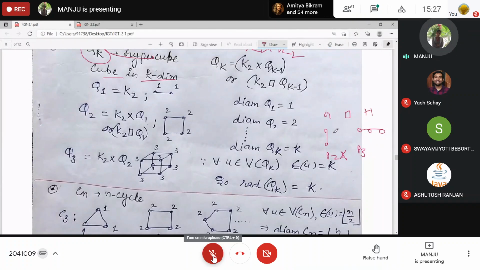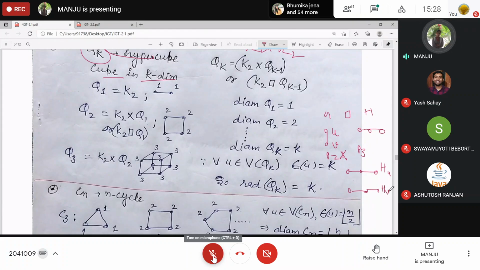So this will be: you take one copy of G and put it in place of the vertices of H, or you take the copy of H and put it in place of the vertices of G. Suppose U and V are the vertices and I'm just taking copies of H. This is your H copy placed in place of the U vertex, and in place of the V vertex we have taken another copy.